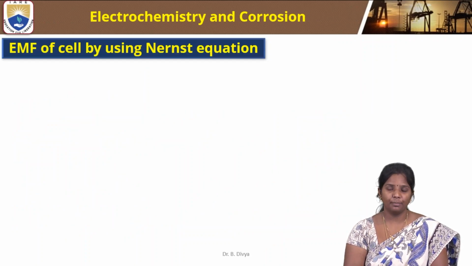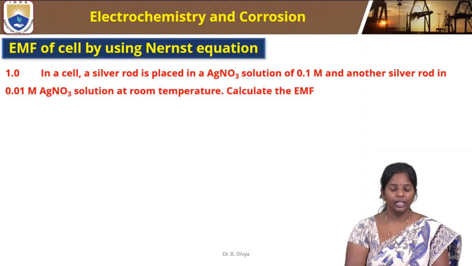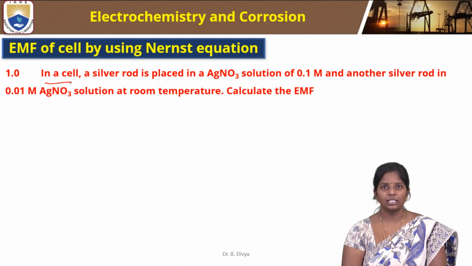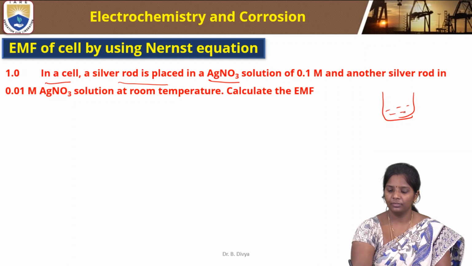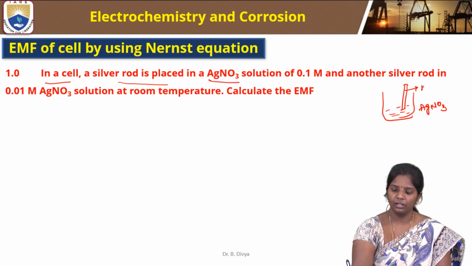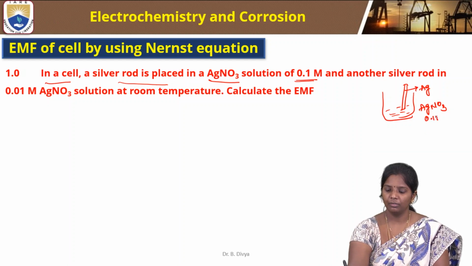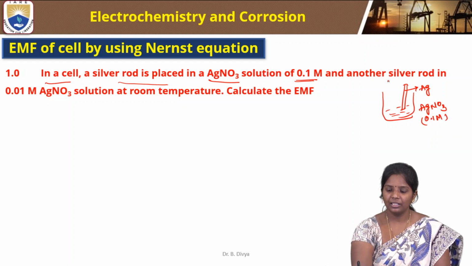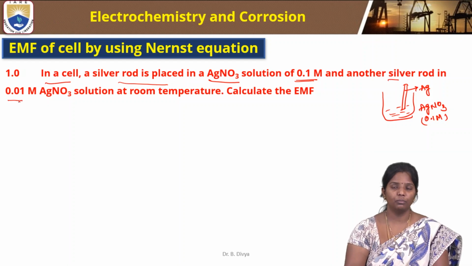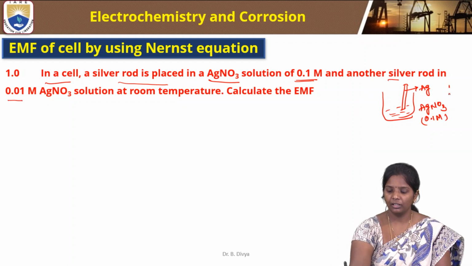So let us move to the numerical problems. Here they have given a cell. A silver rod is placed in silver nitrate, AgNO3, of 0.1 molar concentration, and another silver rod is placed in another beaker with 0.01 molar silver nitrate.